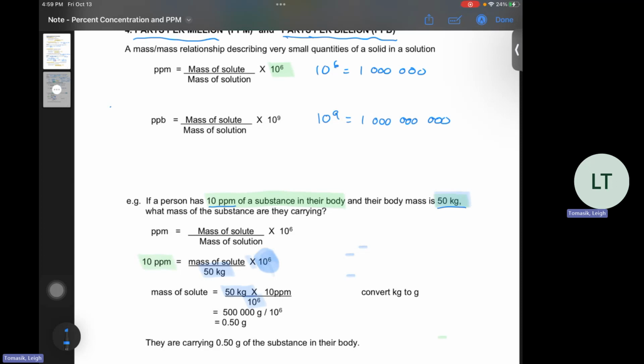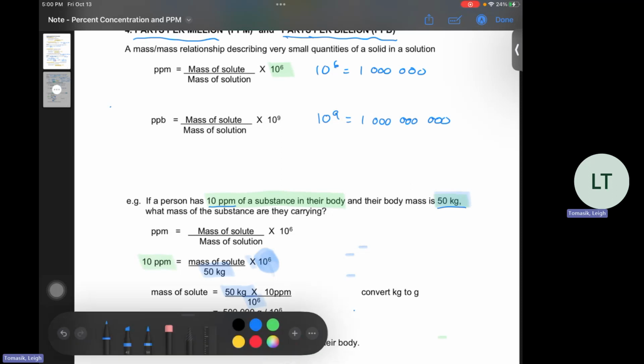And when we multiply everything out, we end up having 0.50 grams of solute. No, sorry. We end up having 500,000 grams of solute. And then, oh no, we're correct.